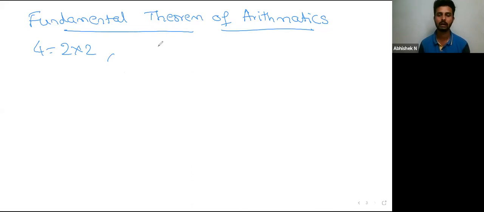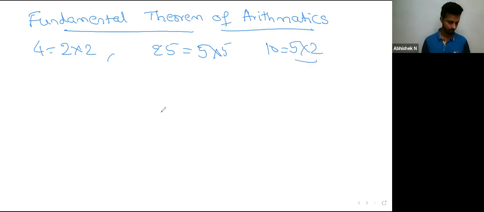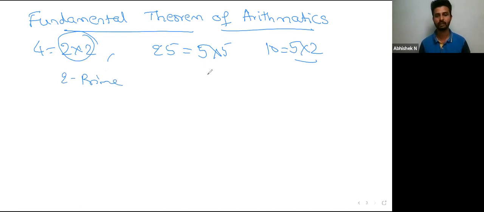If I take 25, this can be written as 5 multiplied by 5, or 10 as 5 multiplied by 2, right? So you can take any natural number, and it can be written as a product of prime numbers. You can see here 2 is a prime, also 5 is prime.